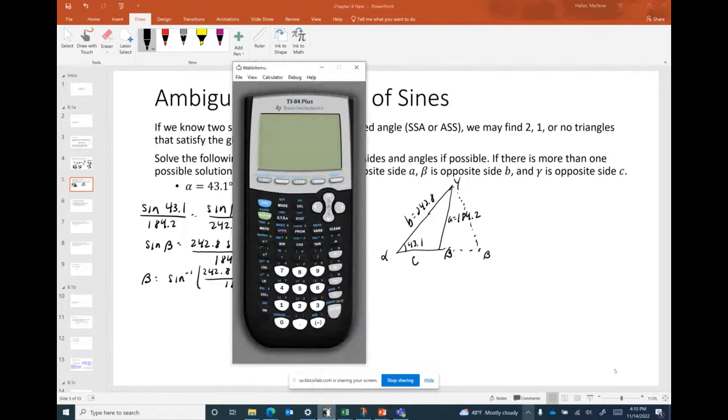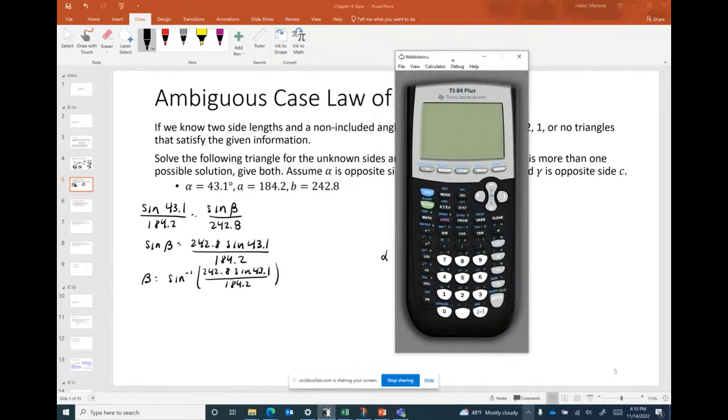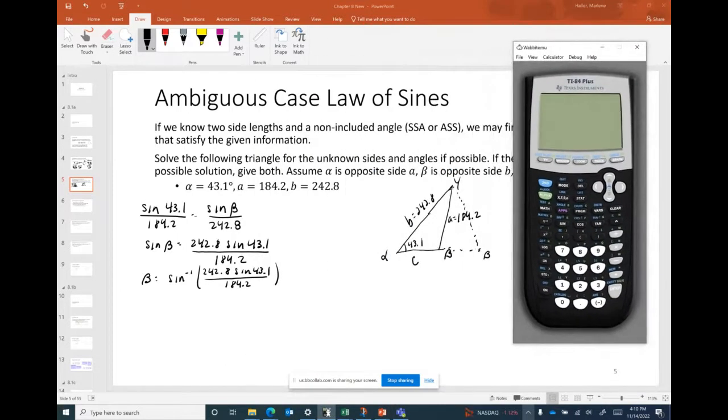Right, so let's just put that in the calculator and see what that is. All right, so 242.8 times the sine of 43.1. Close off that. Okay, divided by 184.2.